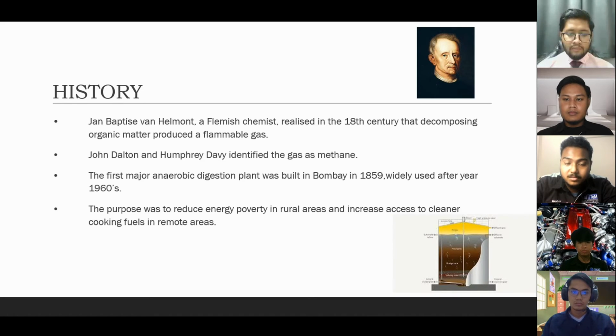The first major anaerobic digestion plant was built in Bombay in 1859, and it was widely used by the 1960s. The purpose was to reduce energy poverty in rural areas and increase access to cleaner cooking fuels in remote areas. So let's concentrate on how biomethane is widely used in the transportation industry.